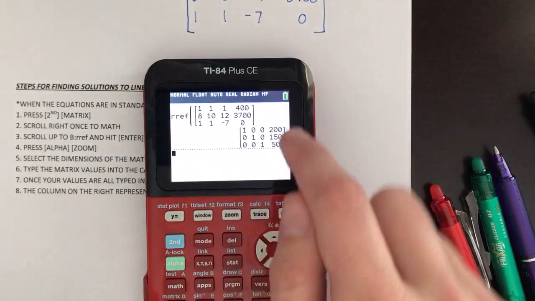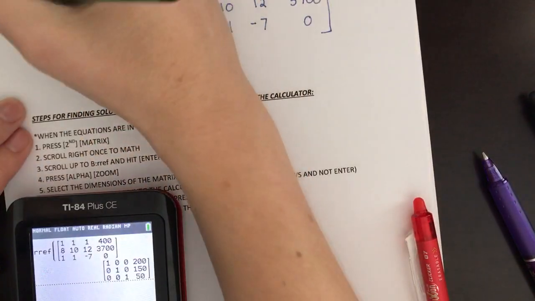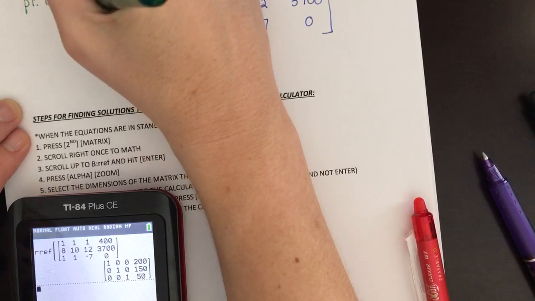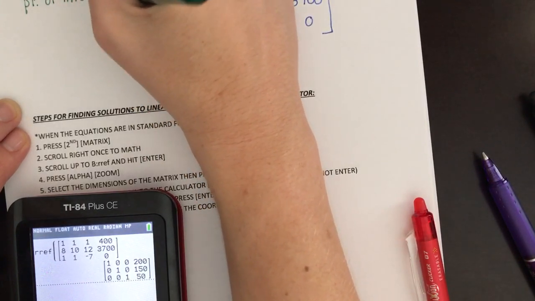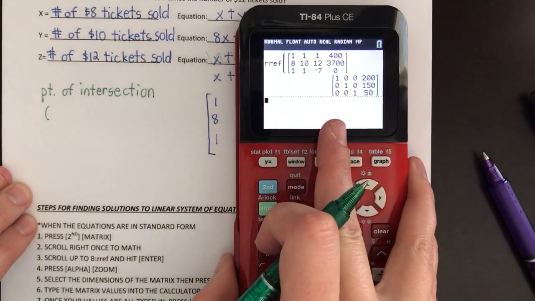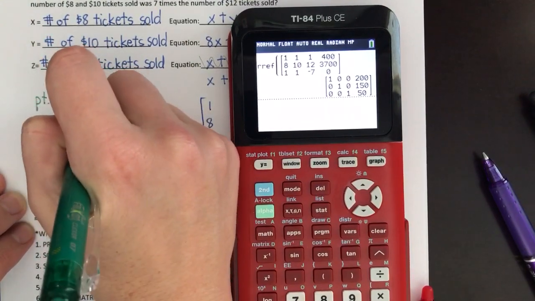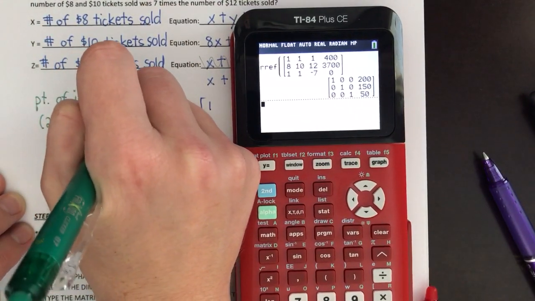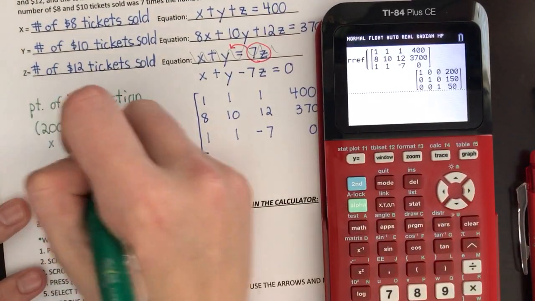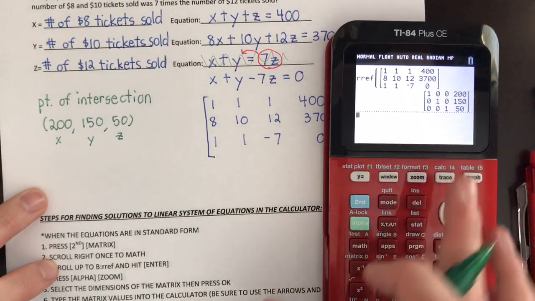So that right there is the X, the Y, and the Z. So my point of intersection is 200, 150, 50. And yes, there is such a thing as an X, Y, Z point. So this is X, this is Y, and this is Z. And remember that came from the calculator.